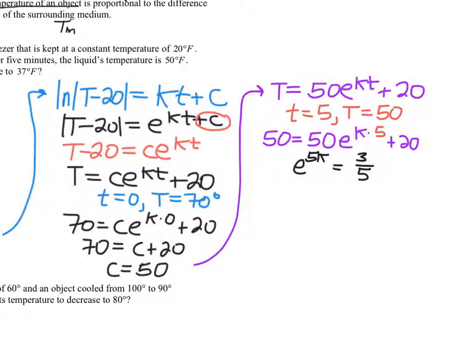We need to solve for k, so natural log of both sides, or put it into log form. Either way, you're going to get 5k is equal to the natural log of 3/5. And then we can conclude that k has to be equal to, oh, sorry, 1/5 ln of 3/5.